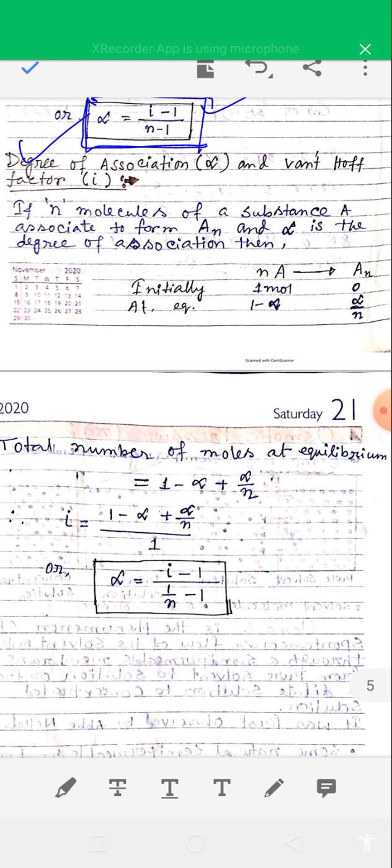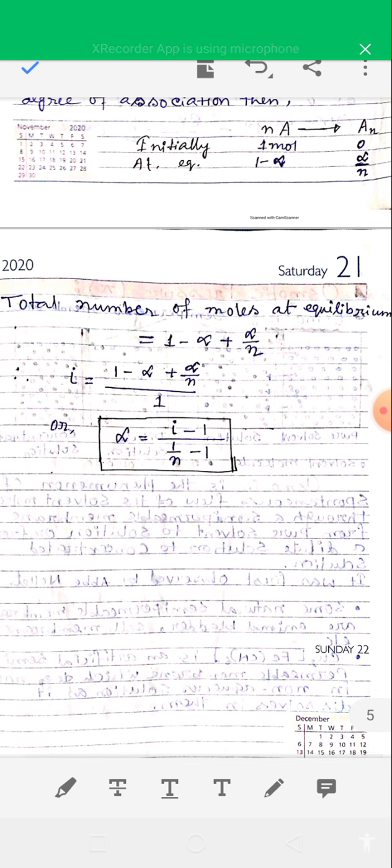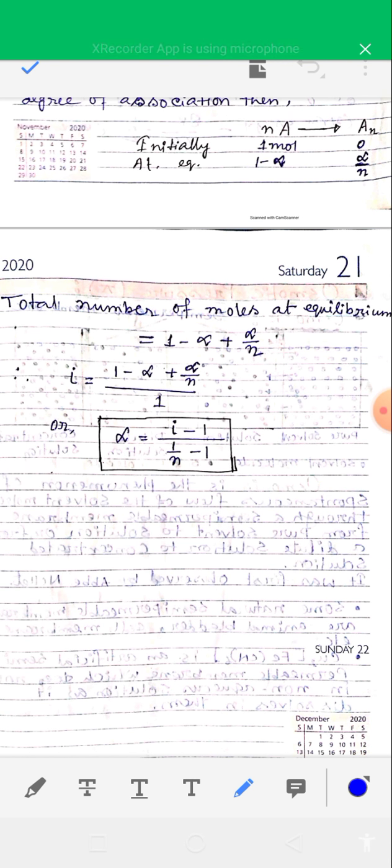So the total number of moles of solute at equilibrium will be equal to 1 minus alpha plus alpha by n. Now what is the Van 't Hoff factor? The Van 't Hoff factor is equal to the total number of moles of solute at equilibrium divided by the total number of moles of solute present in the solution before association, that is 1.